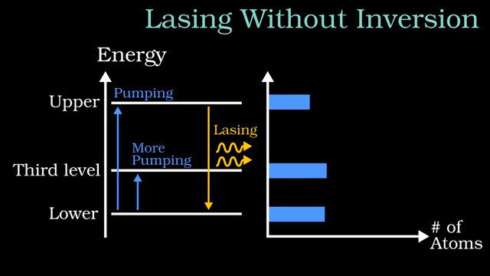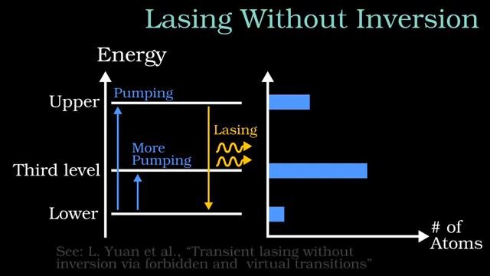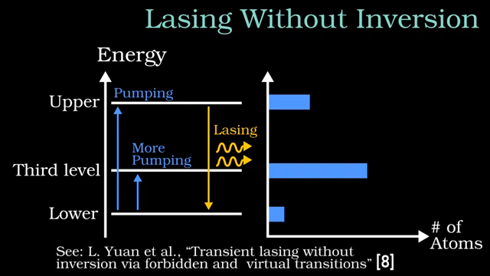Then, a relatively small amount of energy can be injected to the atoms in the lower laser level, not to take them all the way up, but to transfer some of them to a low-lying energy level not involved in the lasing. This is the best way I can explain it in brief, but if you've done the equivalent of a university-level quantum mechanics course, here is a paper with all the details which should be understandable.